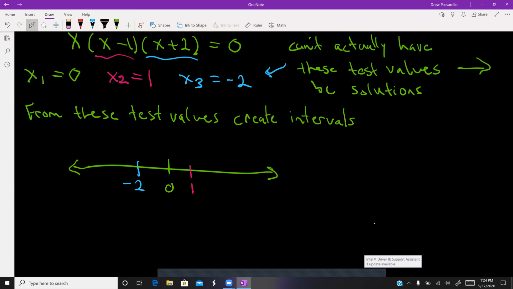And the intervals I could have as possible solutions would be to the left of -2, so all of these values. But I don't include -2, right? Because I already said before that I'm not including that. So I put an open dot around -2. That means to not include -2.